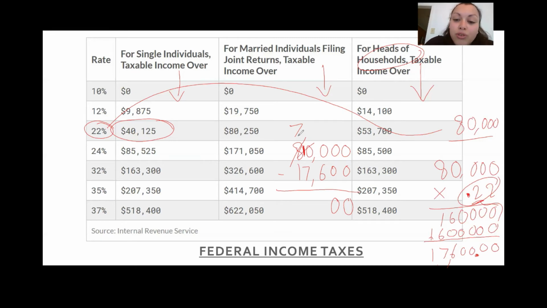Then we're going to move 1,000 from here and move it here. So then we have 10 minus 6, which is 4, 9 minus 7, which is 2, and 7 minus 1, which is 6. So even though on paper it says we're making $80,000, because of our federal taxes, we only get $62,400. But sadly, we still have other taxes to take into account.